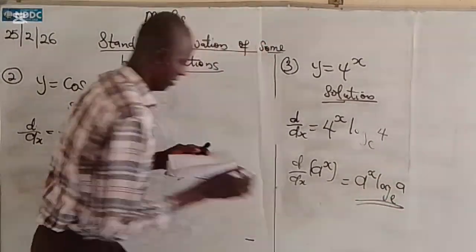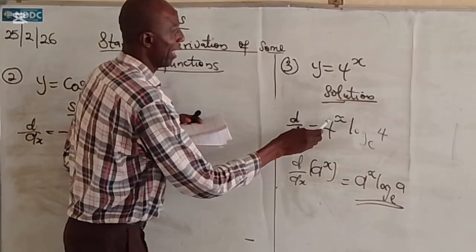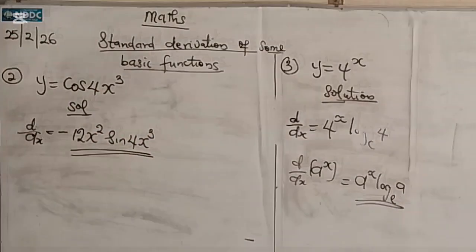Are you seeing this? Yes. So here it will be 4 raised to the power x log base e of 4. That is it.